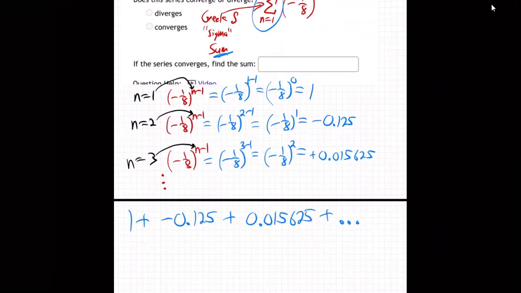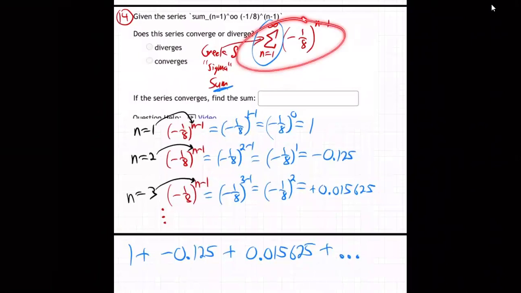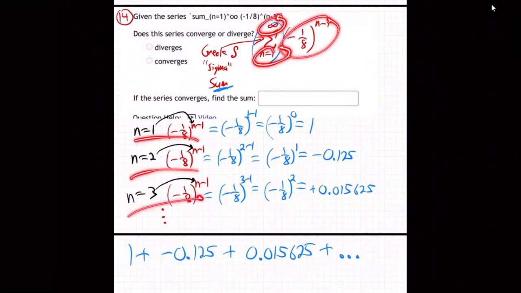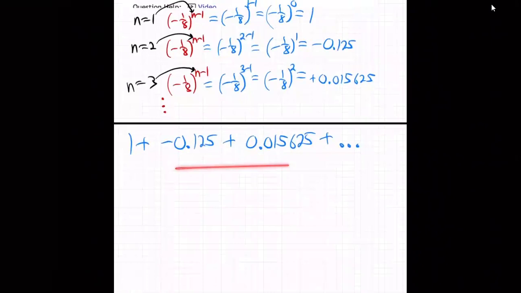So they're wanting us to add those terms up. I just took the sigma notation, which means plug into this formula from n equals 1 to infinity. I plugged in 1, 2, and 3 just to get started, found the first 3 terms, etc. Now let's find the R.